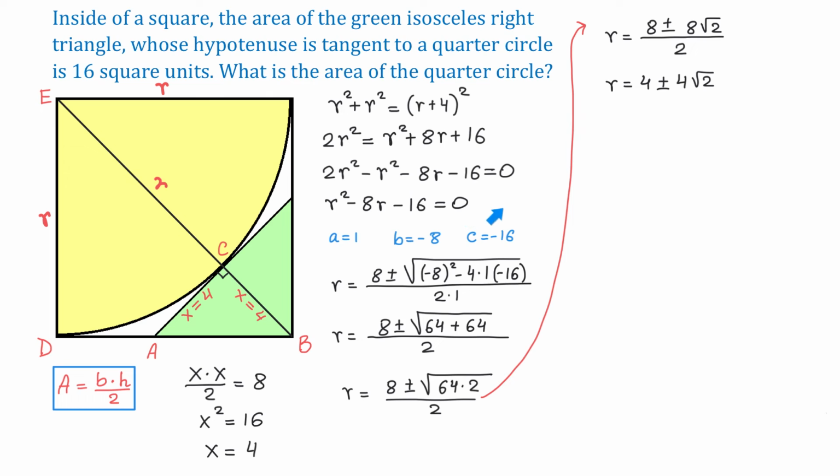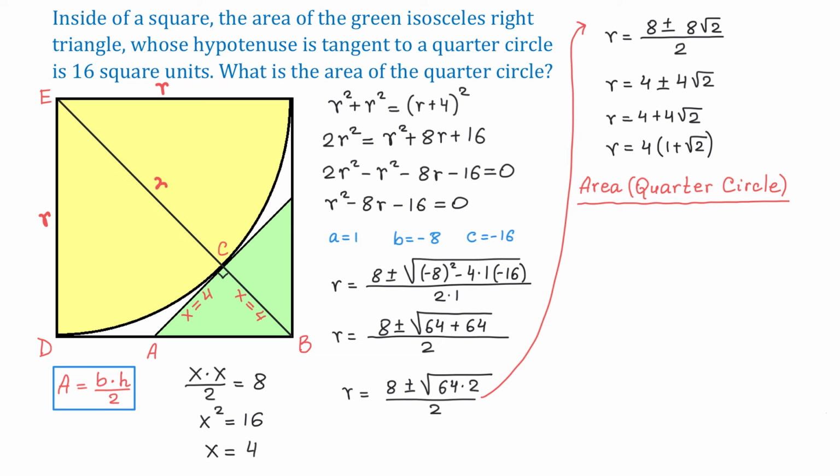So this equation has two solutions, and one is 4 plus 4 square root of 2, and the other one is 4 minus 4 square root of 2. We need only 4 plus 4 square root of 2 because we need the radius to be positive. In this solution, we can also factor out 4, and we will have that r equals 4 times 1 plus square root of 2. And now, once we have the radius, we can find the area of the quarter circle.